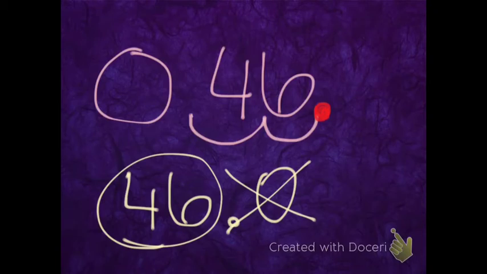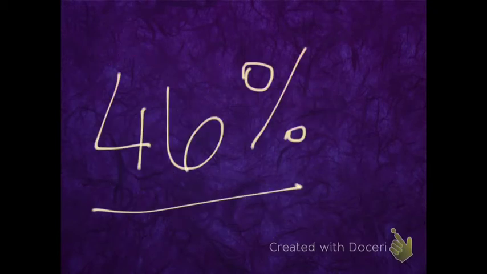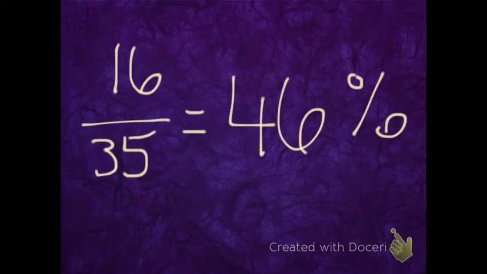Hold on, I'm going to show you. You move the decimal point that was here, and you would move it over 2 places, and it would go here. And since it's 46.0, you could get rid of the 0, and then you would just have 46. So you would add the percent sign, and you get 46%. So 16 over 35 equals 46%.